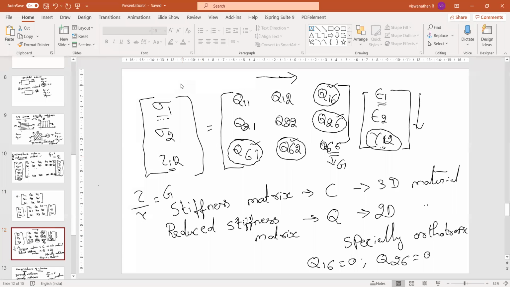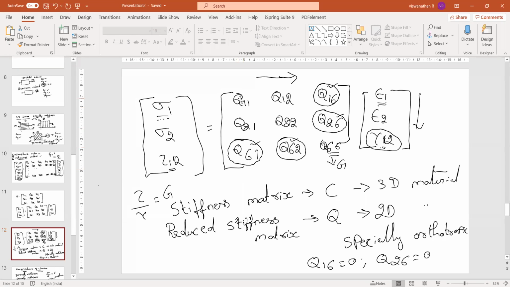Here again, this is the reduced stiffness matrix. You use the letter Q when you are using a 2D lamina. If you are using a 3D material, what letter do you use?